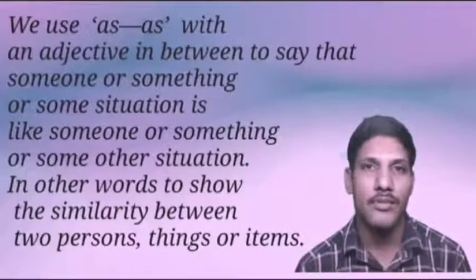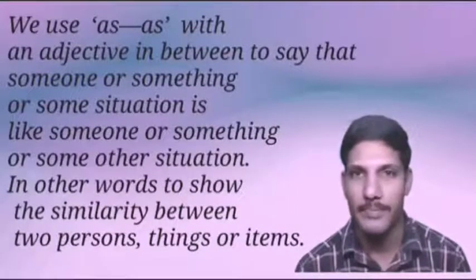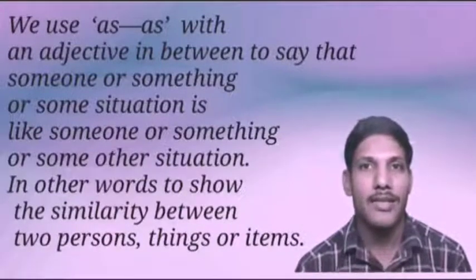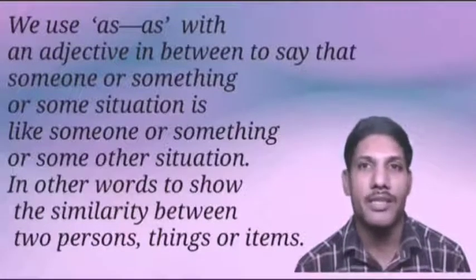To do this, we use as with the positive degree. We use as with an adjective placed in between to show two persons or things are in some way similar.